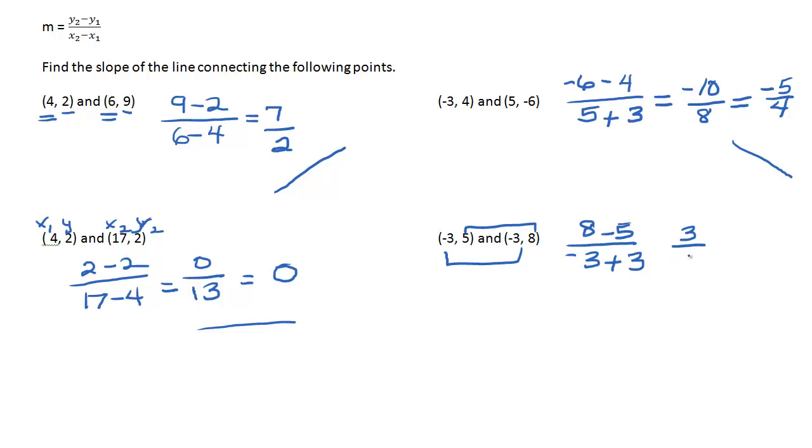Negative 3 plus 3 is 0. We can't divide by 0. That's why this one's undefined. Vertical line between negative 3, 5 and negative 3, 8.